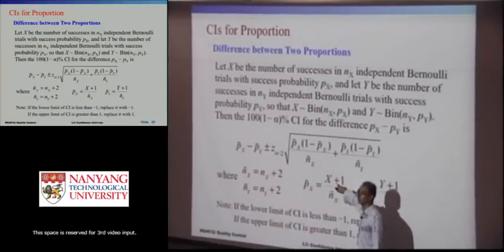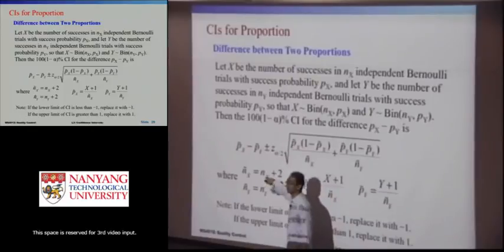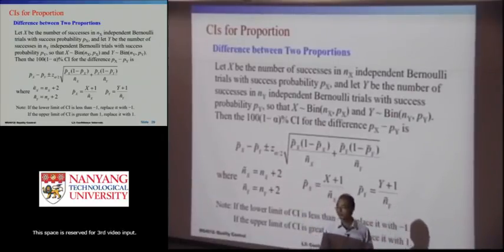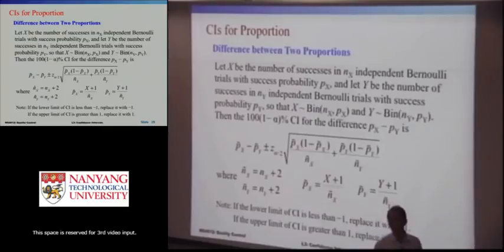It's x plus 1 divided by n wiggle x. And n wiggle x this time equals nx plus 2, not nx plus 4, nx plus 2. Again, because this set of formulas is from experience, not from a mathematical derivation, just based on experience, this set of formulas will give you a better estimation.